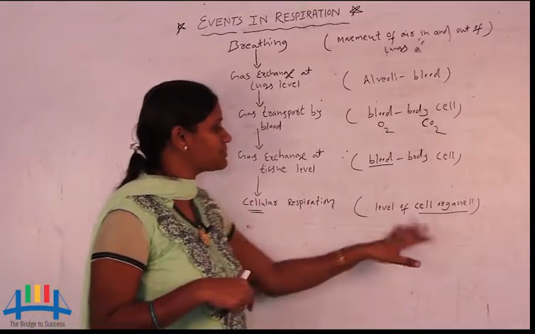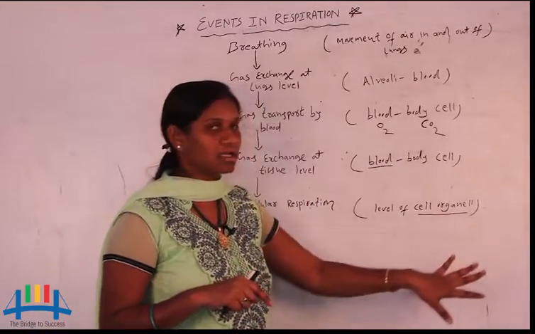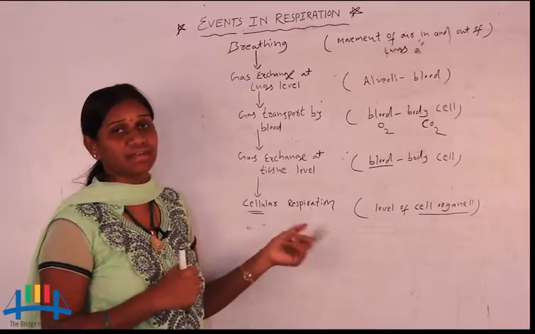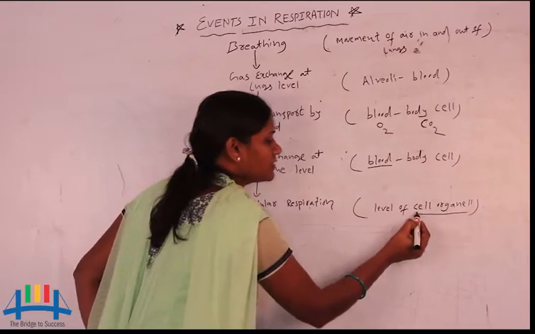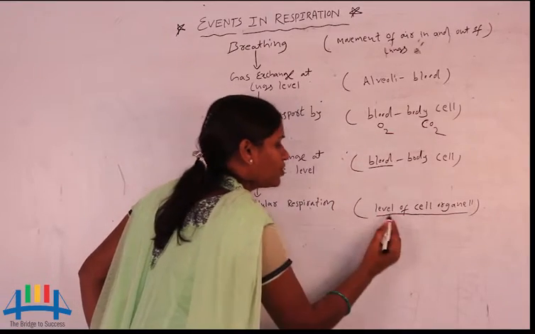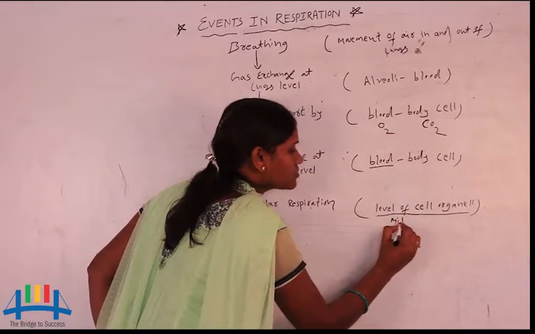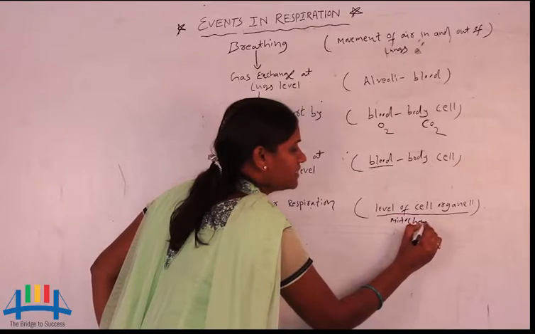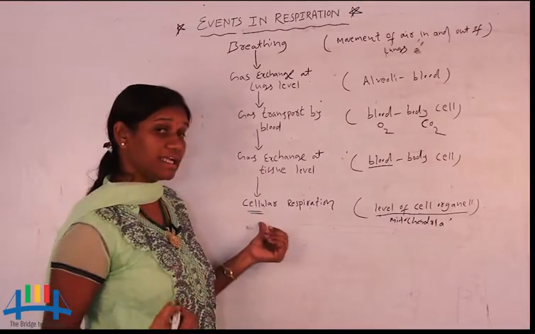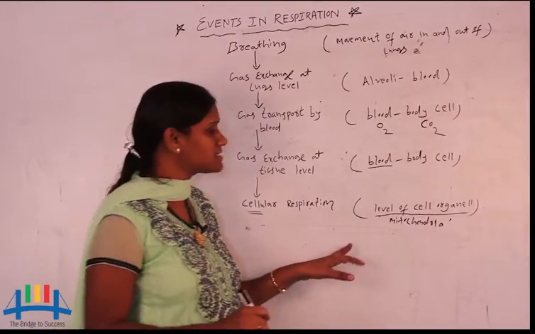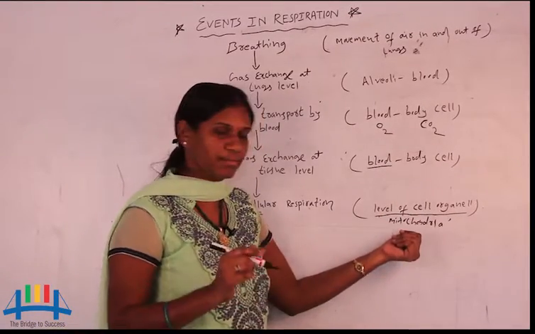In the events of respiration, mitochondria is the cell organelle that is most important. Mitochondria is called the powerhouse of the cell. So cellular respiration occurs at the cell organelle level, in the mitochondria.